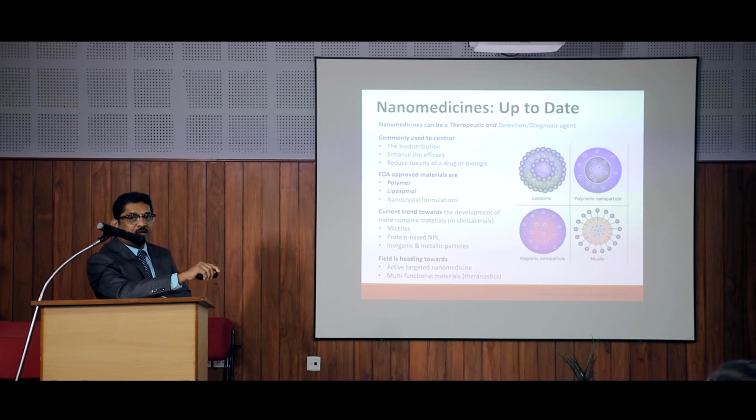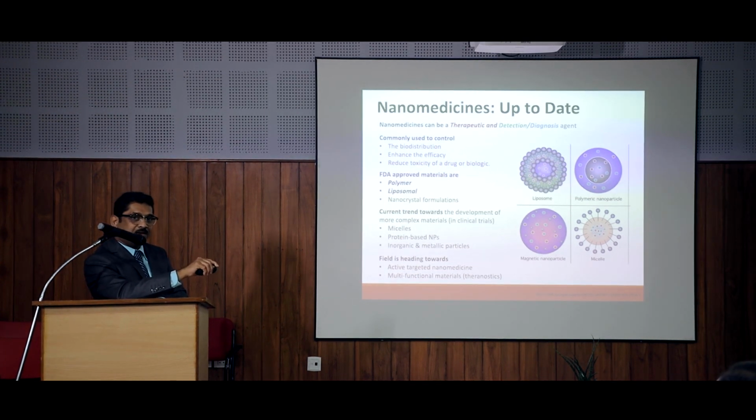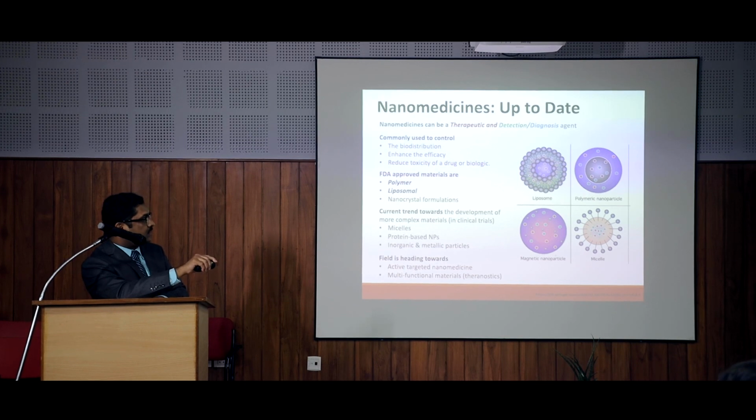If it's only one layer, it's a polymeric micelle like this. Polymeric nanoparticles, your drug is dispersed either in the core or in the other area of the nanoparticle. If you see magnetic nanoparticles, the drug could be anywhere in the nanoparticle.